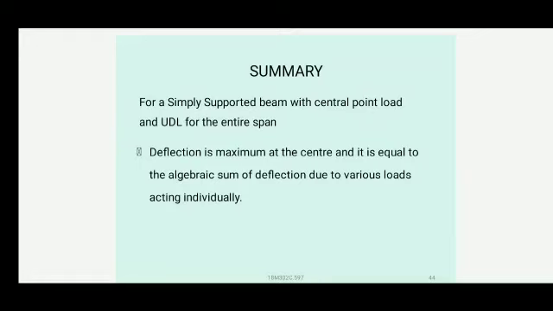Summary. For a simply supported beam with a central point load and a uniformly distributed load over the entire span, deflection is maximum at the center and is equal to the algebraic sum of deflections due to the various loads acting individually.